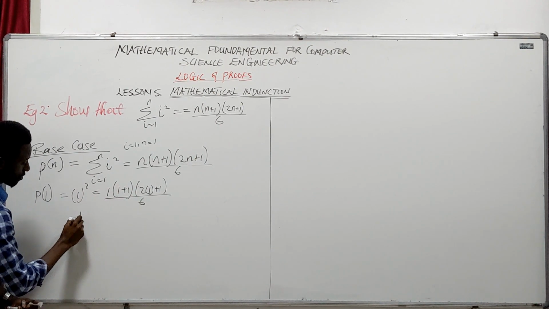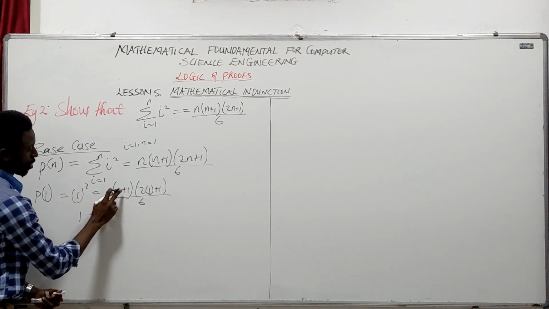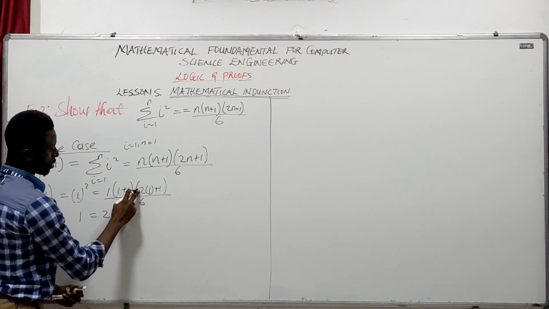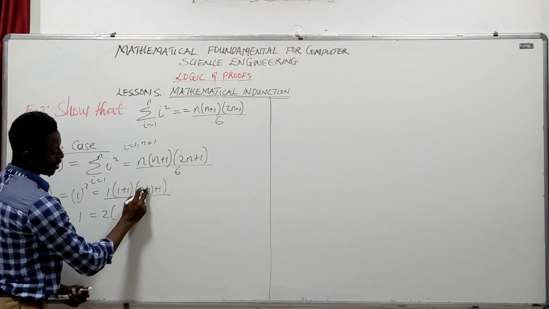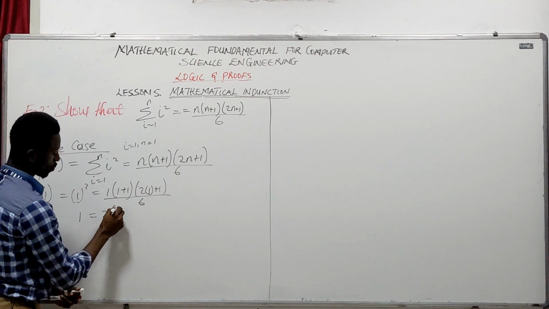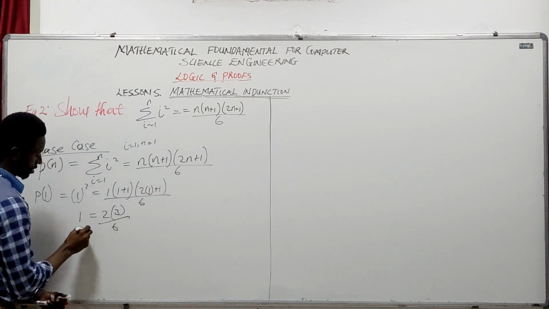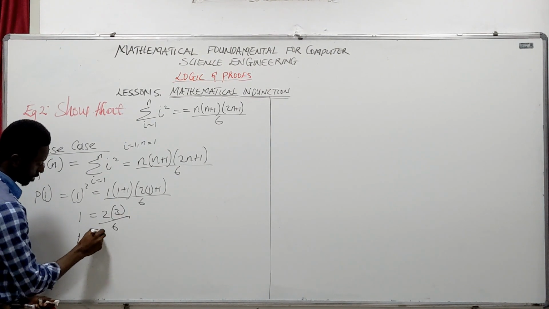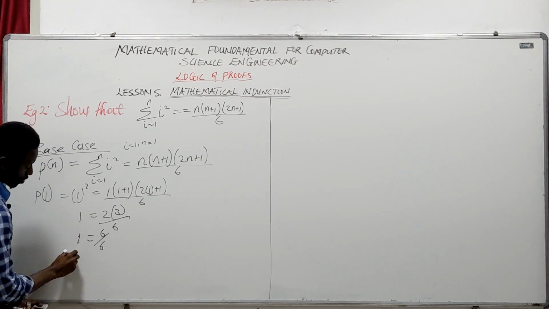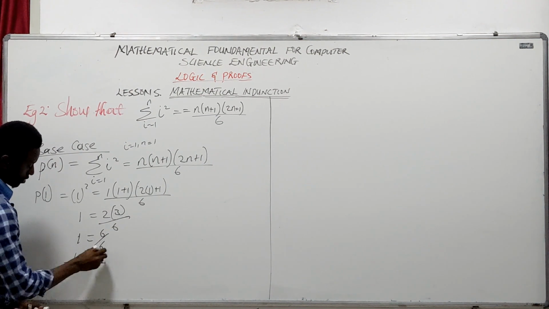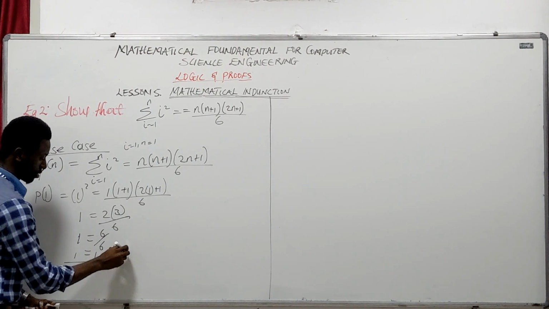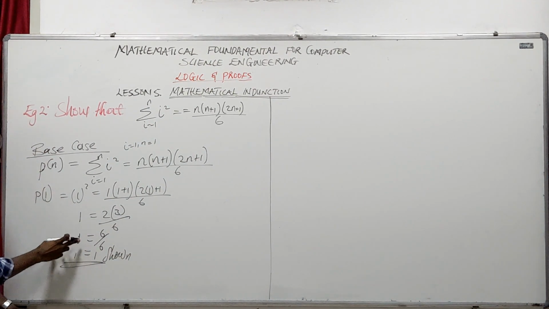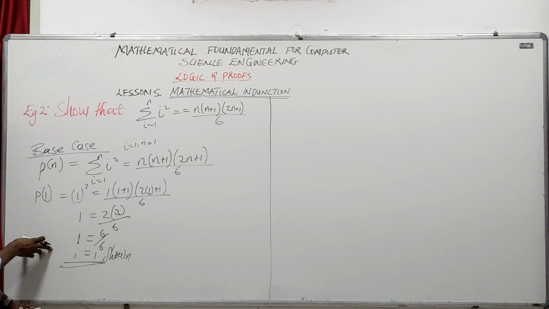So now we have 1 is equal to 1 plus 1, here is 2, 2 times 1 is 2, plus 1 is 3. So 2 into 3 divided by 6. So this now becomes 1 equals 6 over 6, which is 1 is equal to 1. So for the base case, we have shown that this holds.